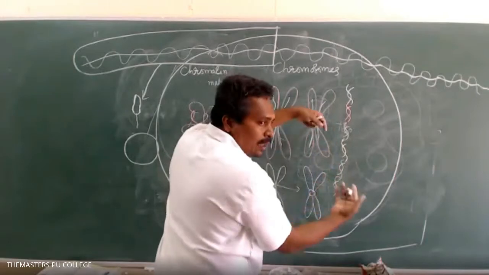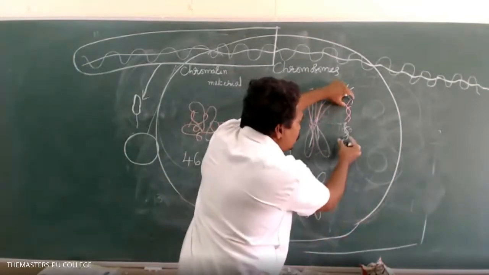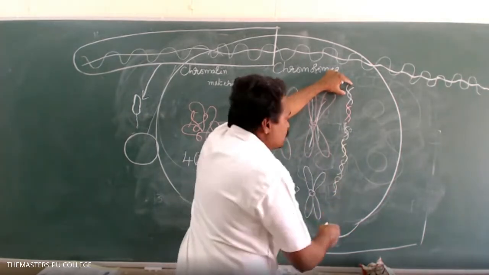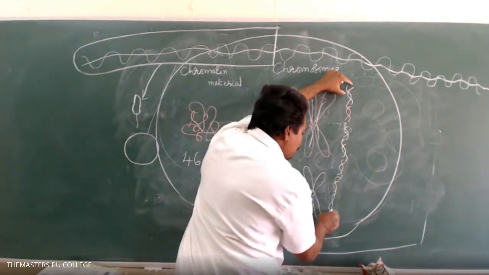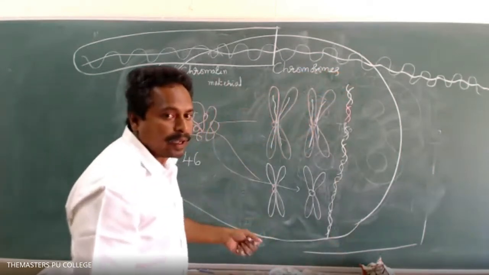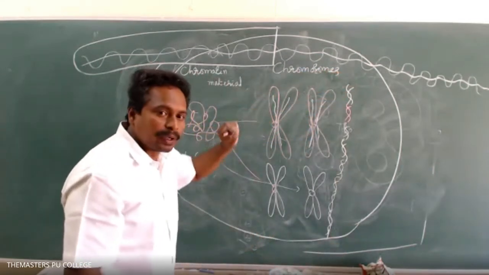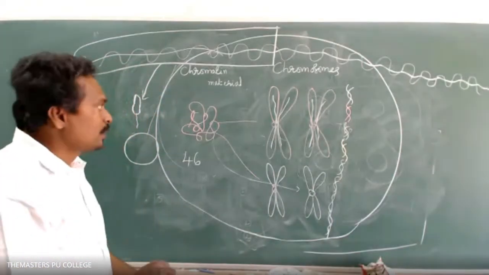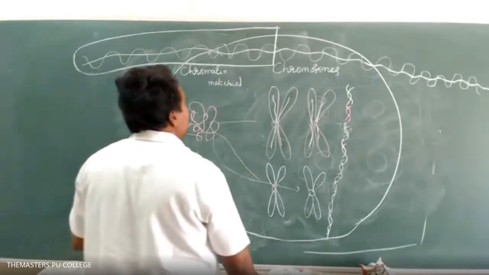If all these DNA molecules are attached, joined one above the other, that comes around 2 meters long. Each chromosome is having one DNA. Right? Is it clear to you? Yes, sir. Clear, sir. Thank you, sir.